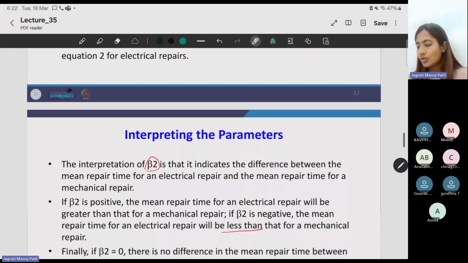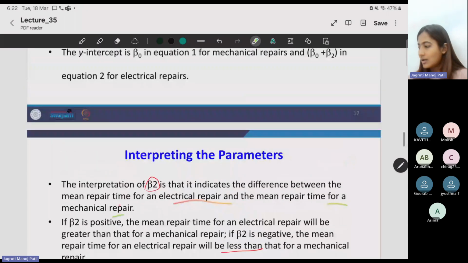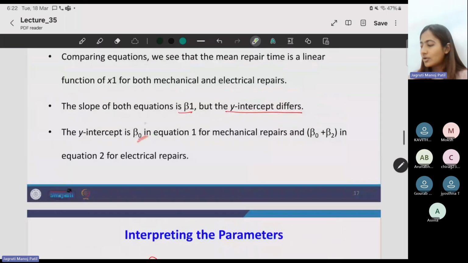You'll be able to do those things when you directly compute the variables. When you interpret this, it is nothing but the difference between the mean time to repair for electrical and the mean time to repair for mechanical. How so? Here you see beta naught, here you see beta naught plus beta 2. The difference between both of them would be nothing but beta 2.